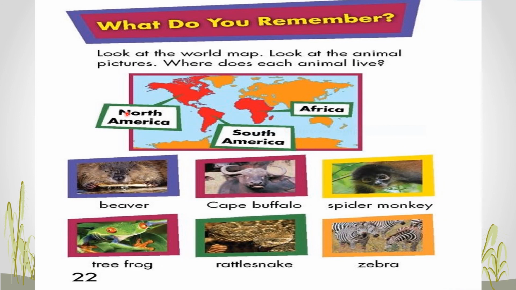Does it live in North America, South America, or Africa? You can always go back to the text to find the text evidence and figure out the answer. So you're going to do that for each of these animals. And you can always go back to the text, reread to help you figure out where they live.